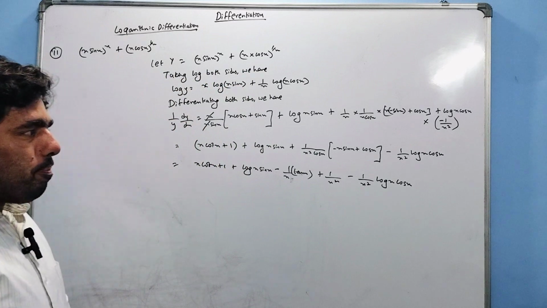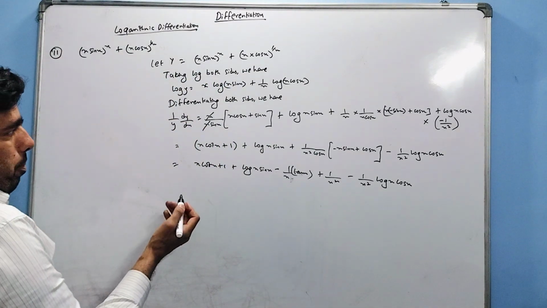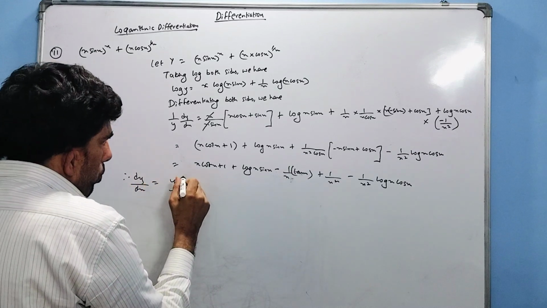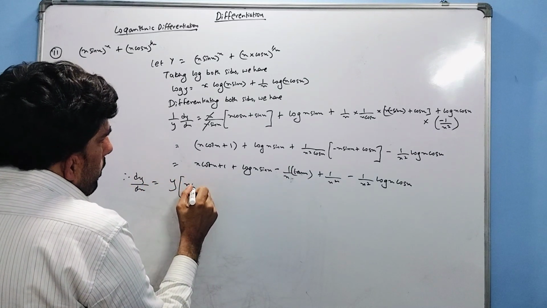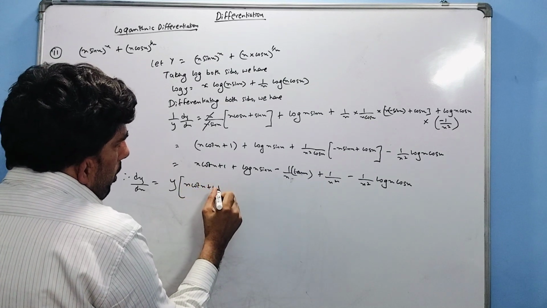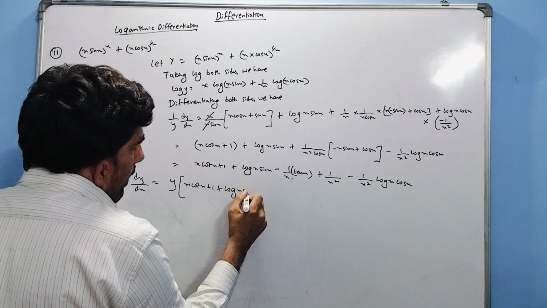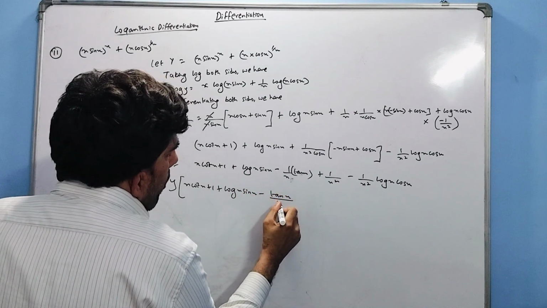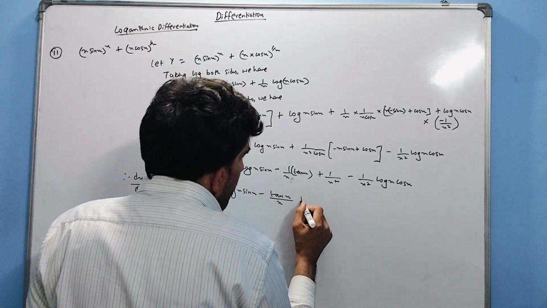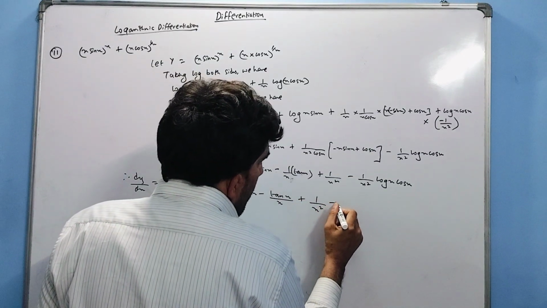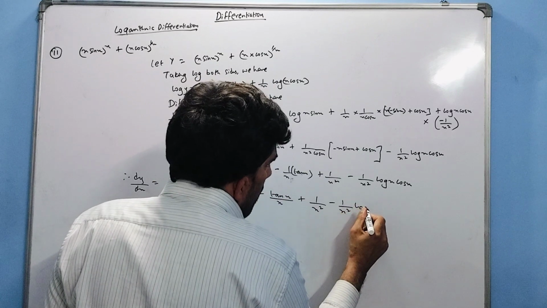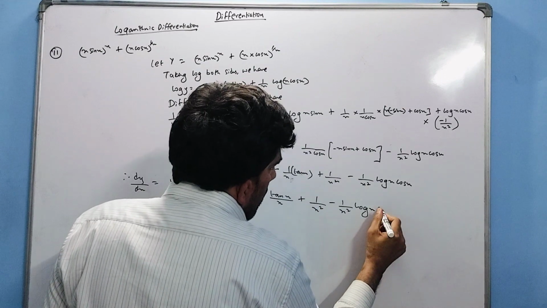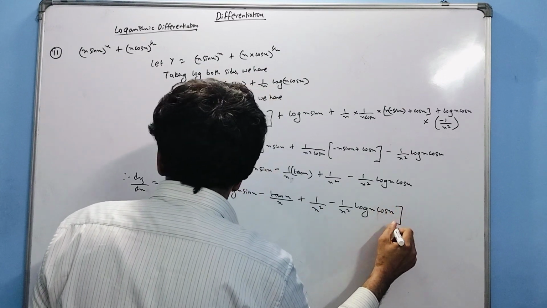So now dy upon dx is equal to y into x cot x plus 1 plus log of x sin x minus tan x upon x plus 1 upon x square minus 1 upon x square log of x cos x. Okay, so now we have this.